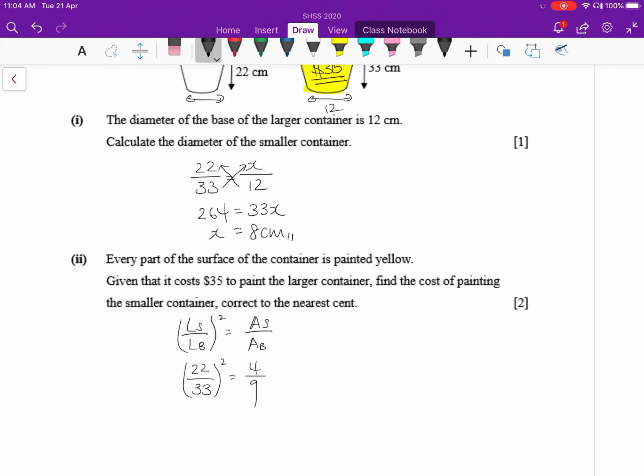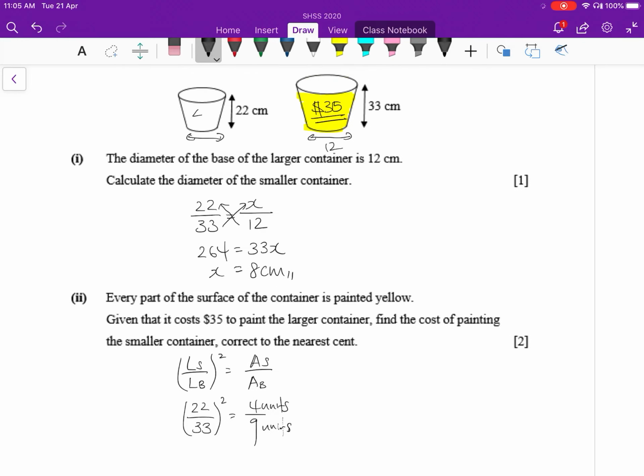4 units of area for the smaller one. The area of the bigger one is 9 units. So this is 4 units. This $35 is 9 units. So very simple. 9 units is $35.